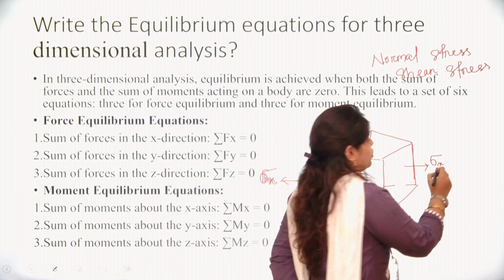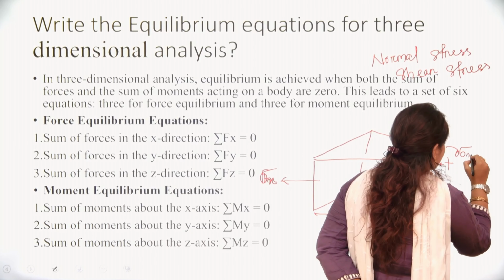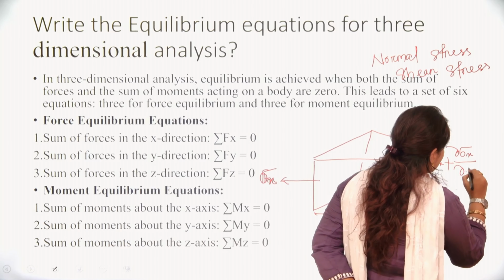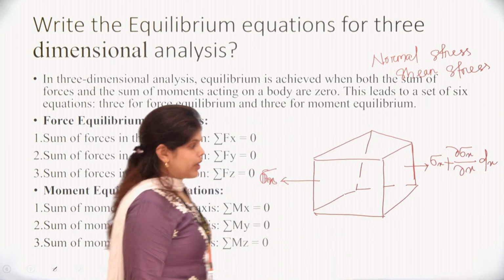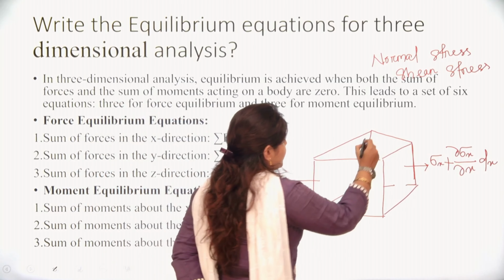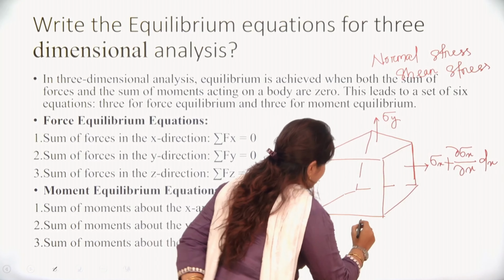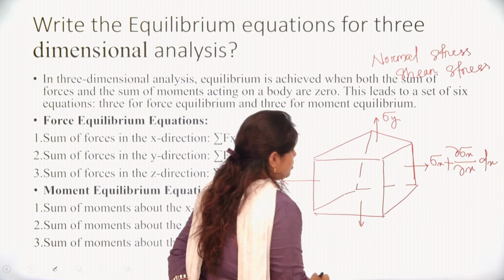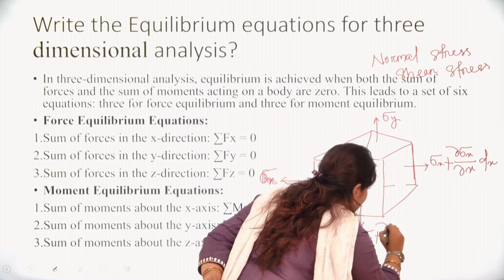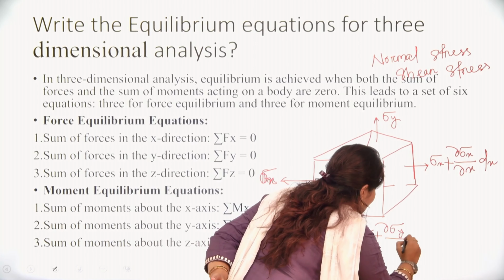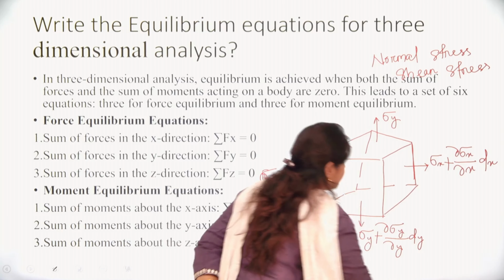So here it will be sigma x plus del sigma x upon del x into dx. Similarly, in the y direction we have sigma y, and on the other face we will have sigma y plus del sigma y upon del y into dy.